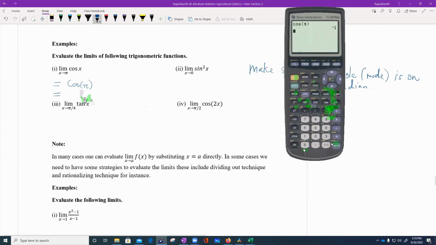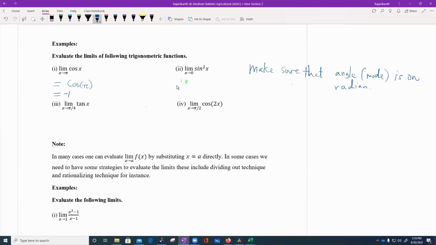Cosine pi is -1, or remember your unit circle. The next one: limit as x goes to 0, simply plug 0 into the function, sine squared 0. Sine of 0 is 0, therefore the answer is 0.